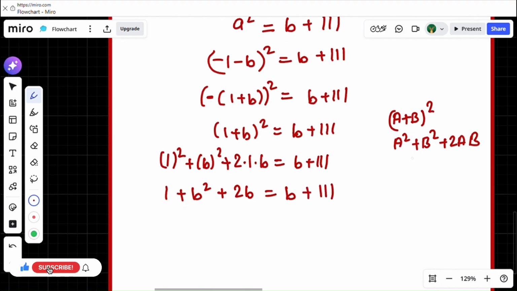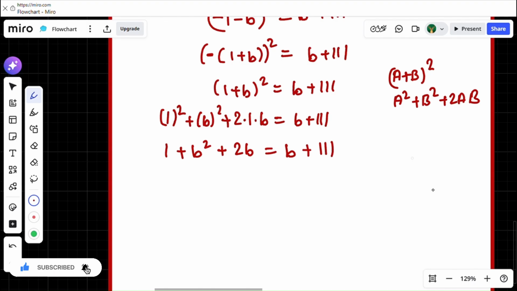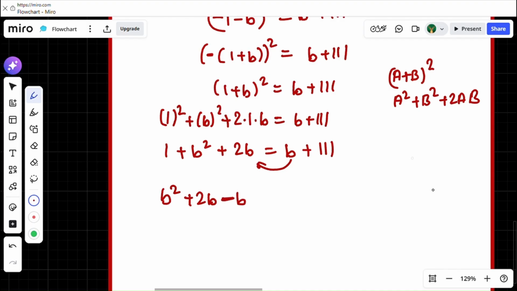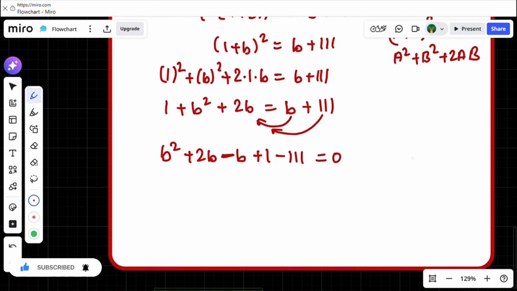After that, B square plus 2B, and B going to this side, positive to negative, minus B, and plus 1, minus 1 going to this side, and minus 1 is equal to 0, and B square plus B minus 110, and we can factor this value.